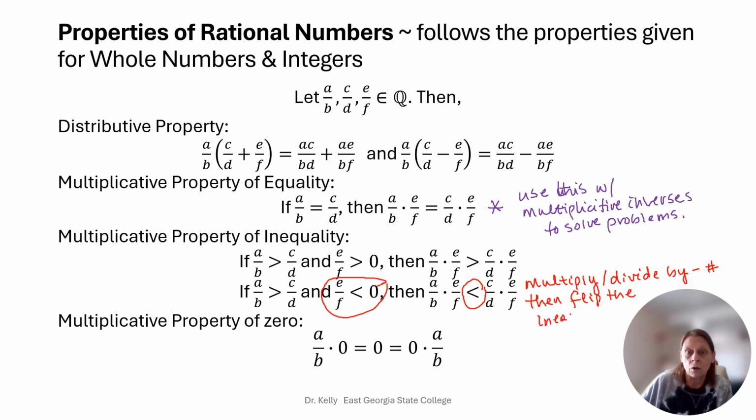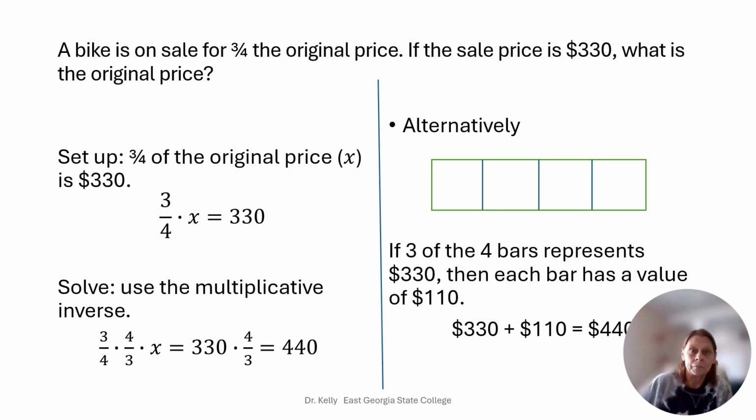And we talked about all that before. So basically what I talked about before about inequalities translates here. And then of course the multiplicative property of 0, anything times 0 is 0. And we know that, but it is to be pointed out.